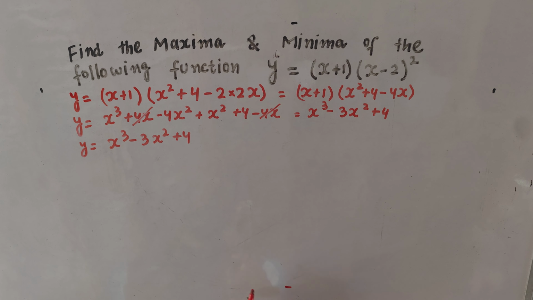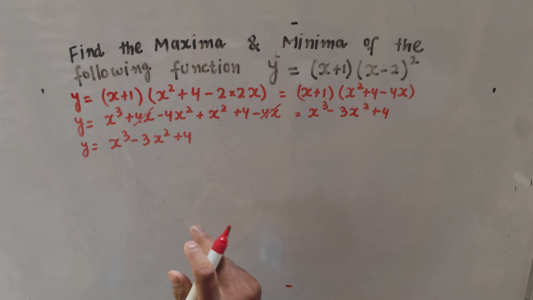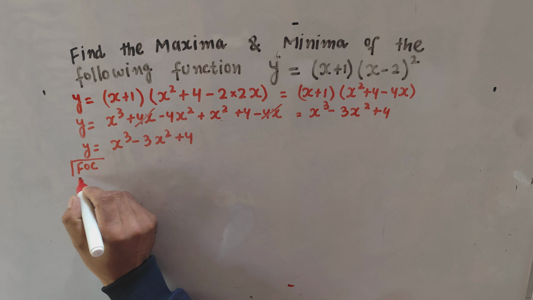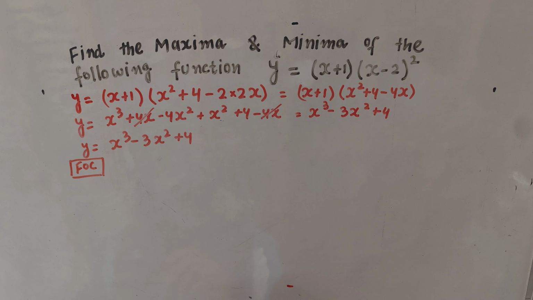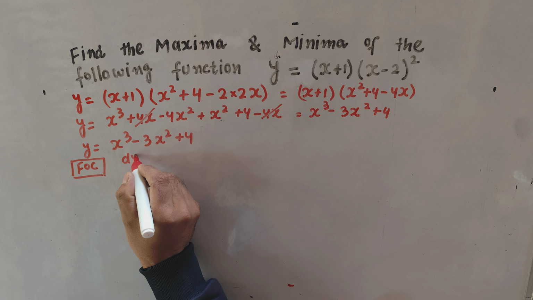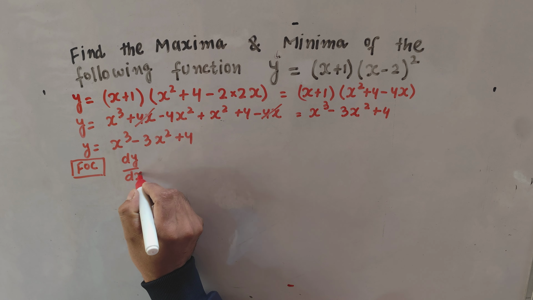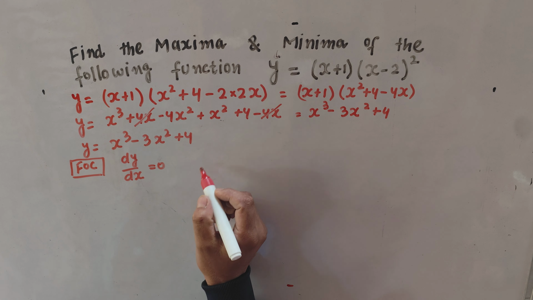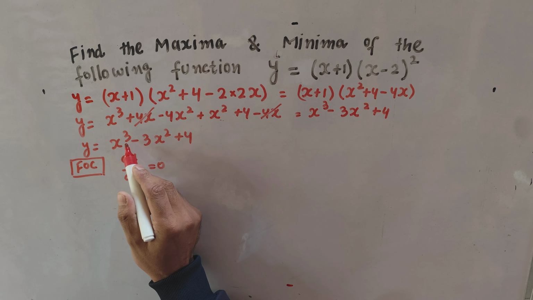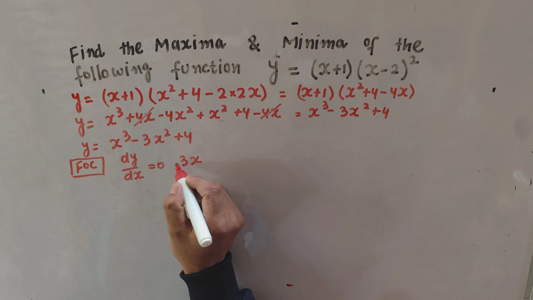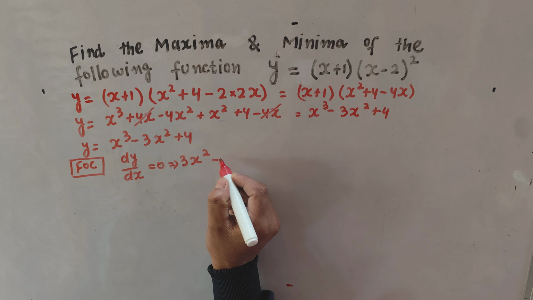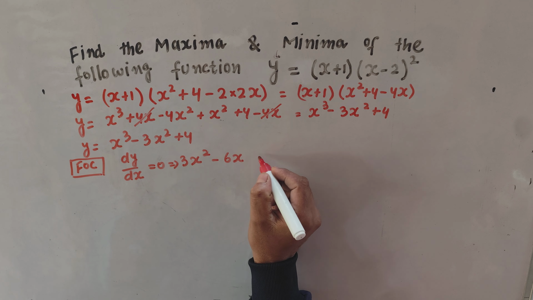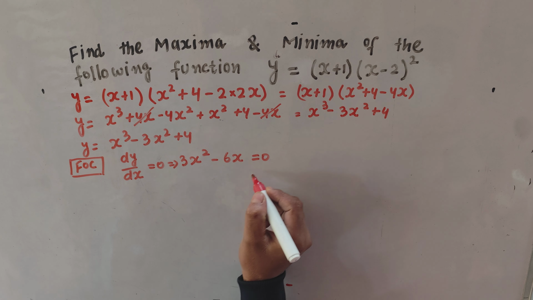Now to find out the local maxima or minima, the first order condition is that slope should be equal to 0. That means dy upon dx should be equal to 0, which implies differentiating this with respect to x. So we have the derivative of x cube is 3x square, minus 3 2s are 6x, and the derivative of a constant is 0, and we set it equal to 0.